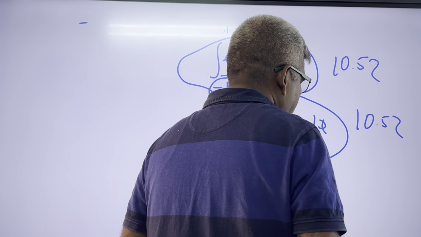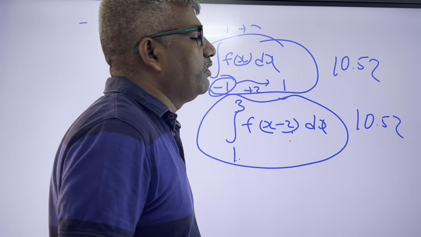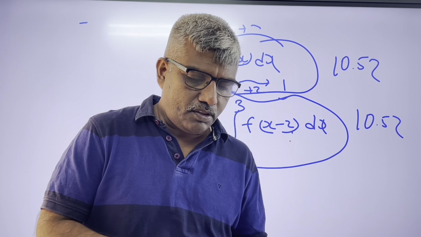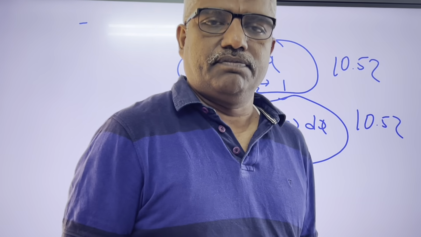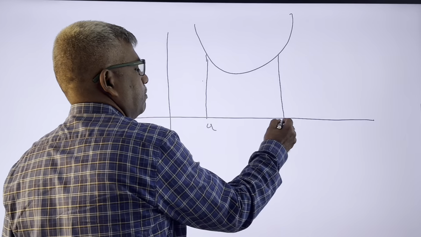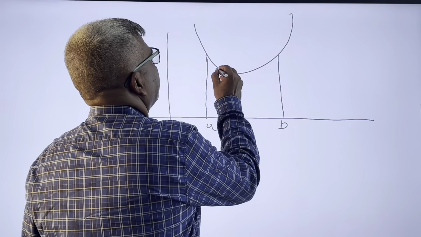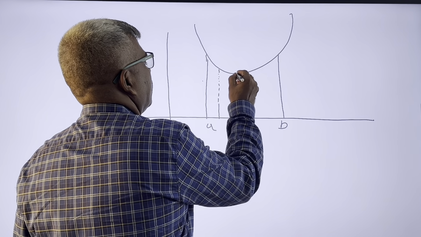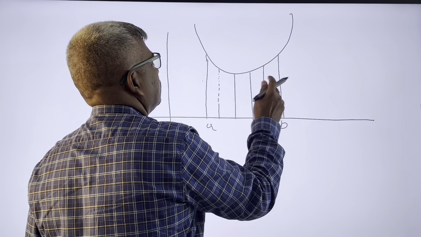Now I will tell why we are using the trapezium method to find the area. Suppose this is A, this is B, then 1, 2, 3, 4.